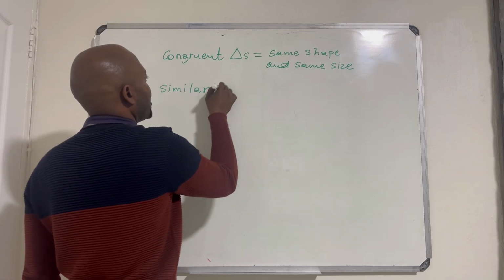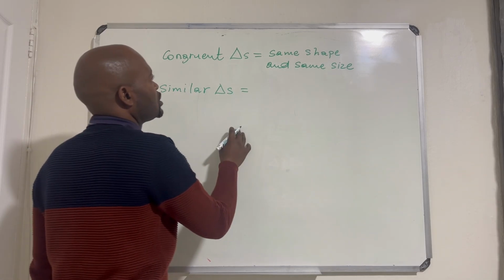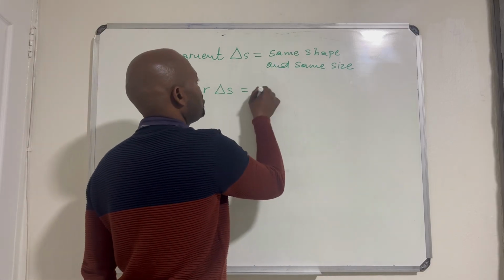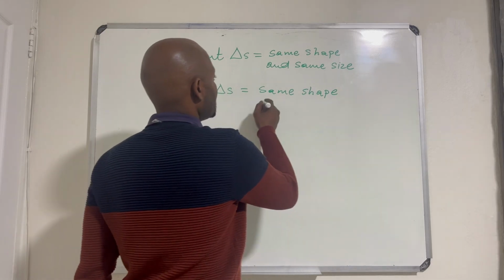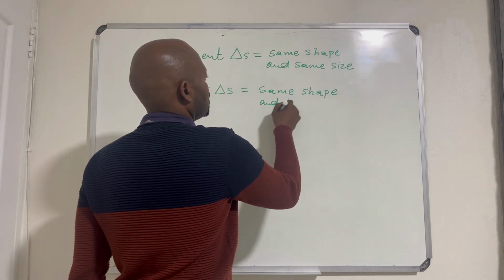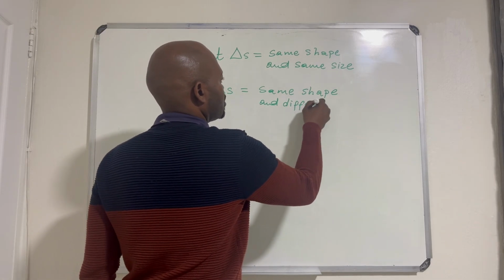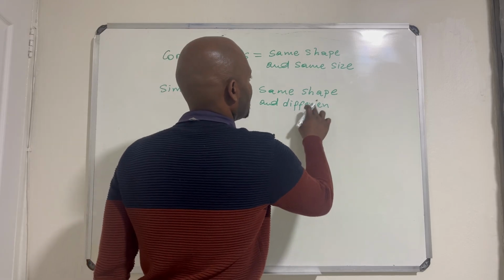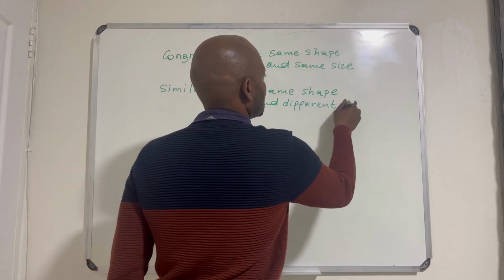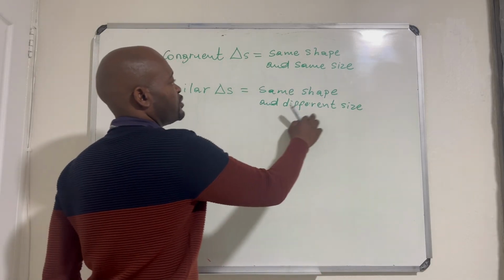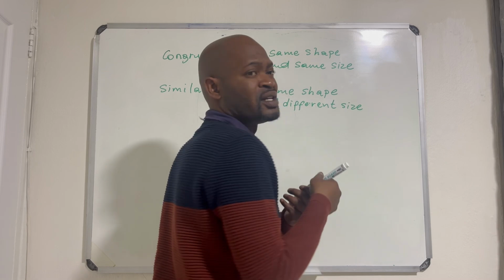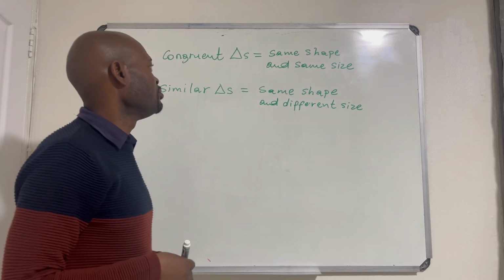Similar triangles equal same shape and different size. Same shape and different sizes.